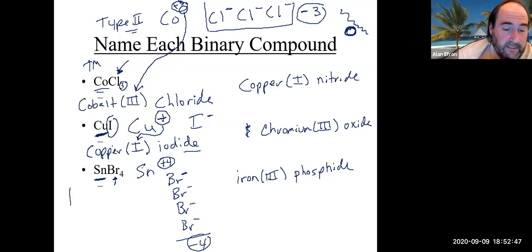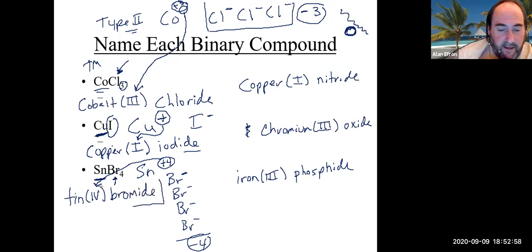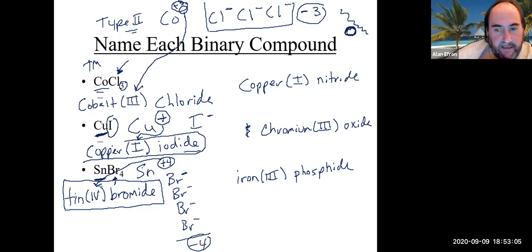And this would be tin Roman numeral 4 for the charge. Even though there's more than one of them, that's not going to affect the name. It is going to be tin(IV) bromide. Question on any of those 3 names?